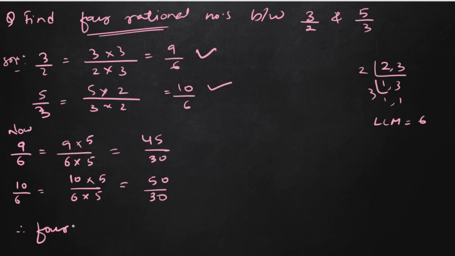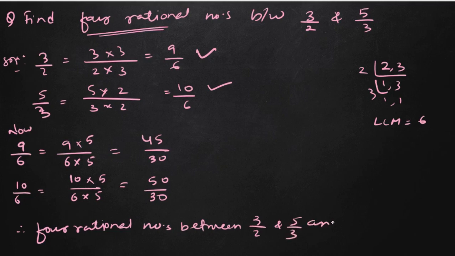So therefore the 4 rational numbers between 3 by 2 and 5 by 3 are, just greater than 45, 46 by 30, 47 by 30, 48 by 30, and 49 by 30.